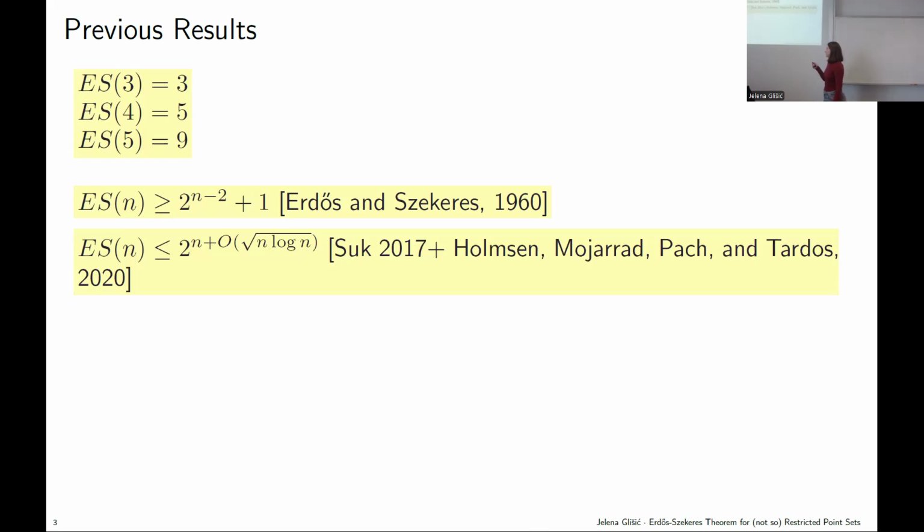I will not explain the lower bound or the upper bound to you, but it was a recent breakthrough by Suk, later improved a little bit by other authors. In particular, we know that the number is exponential, right? And the conjecture is that the exact value is the one that Erdős and Szekeres suspected, but we don't know for sure. I won't focus on this, but that is the conjecture, okay?